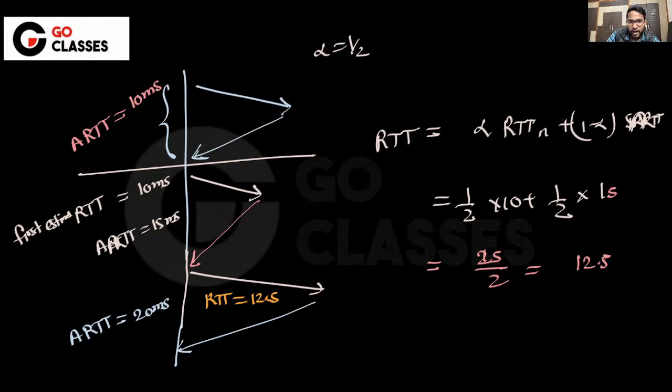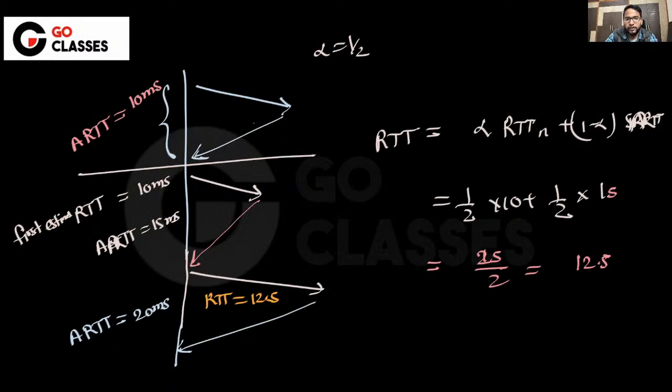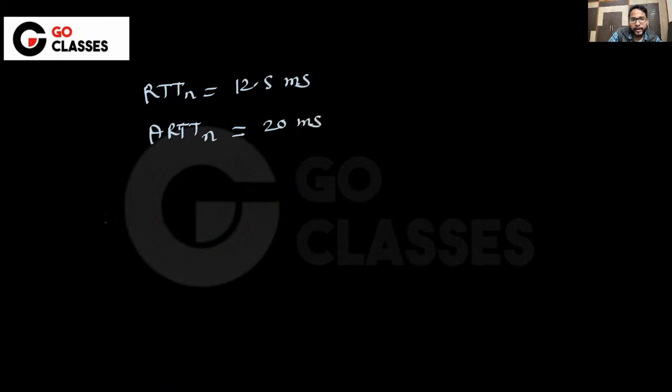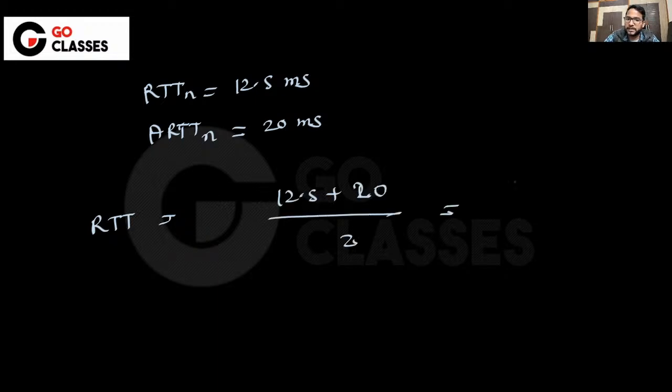Then you will say, I estimated earlier 12.5 millisecond, but the actual RTT happened to be 20 millisecond, then you will say, okay, my next RTT will be the weighted average of this. So alpha is 1 by 2, which means you will just divide by 2, right? Which is basically 32.5 divided by 2, which is 16.1. You will say this is my new RTT now.